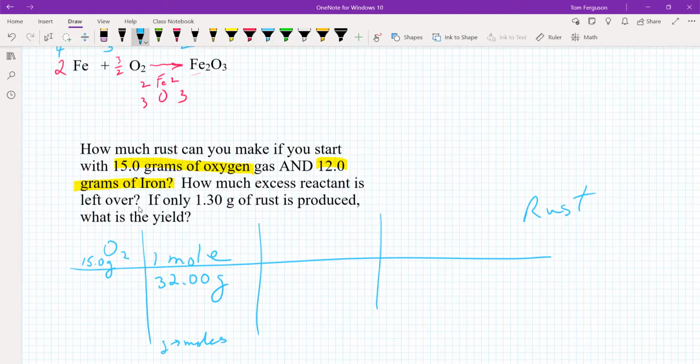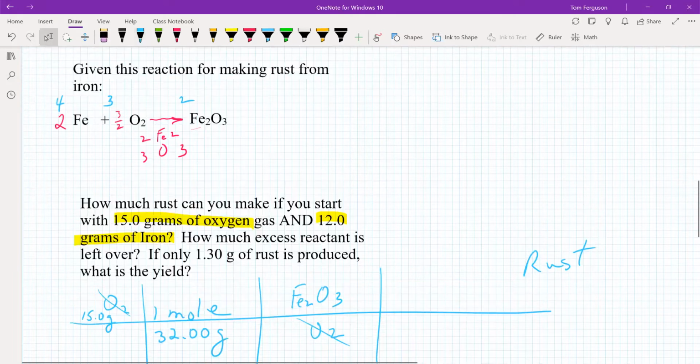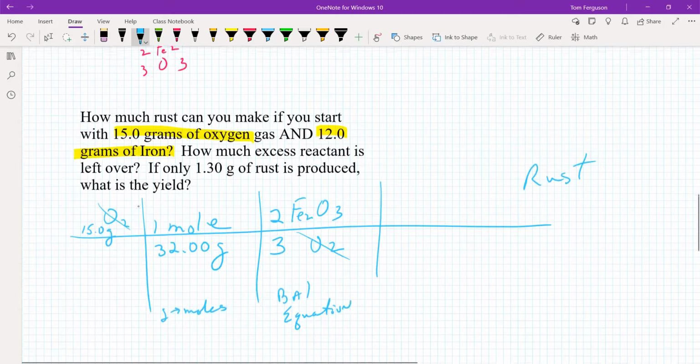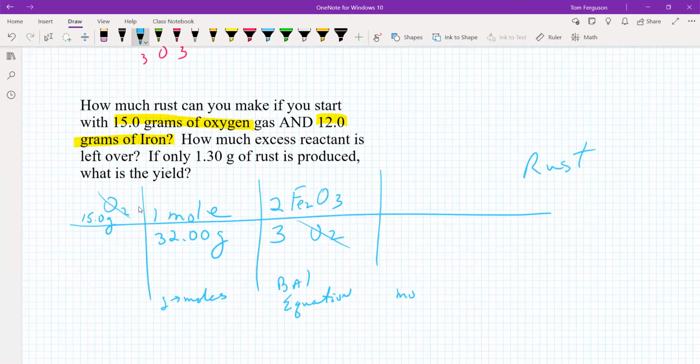Okay, the next step is from the balanced equation. We need to have the oxygen on the bottom so it cancels, and we're producing rust on the top. And from the balanced equation that's going to be 2 to 3. And then we need to go moles back to grams for rust.